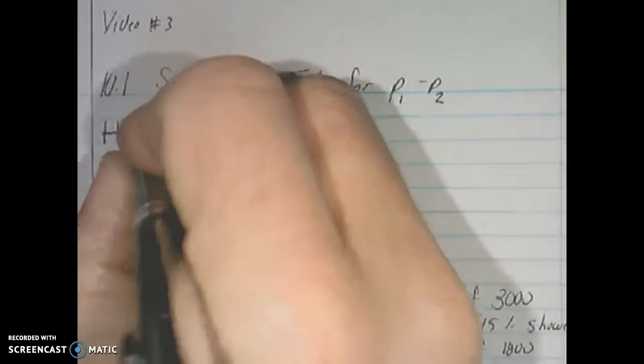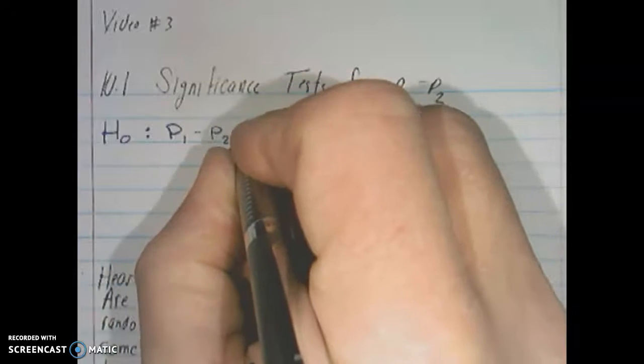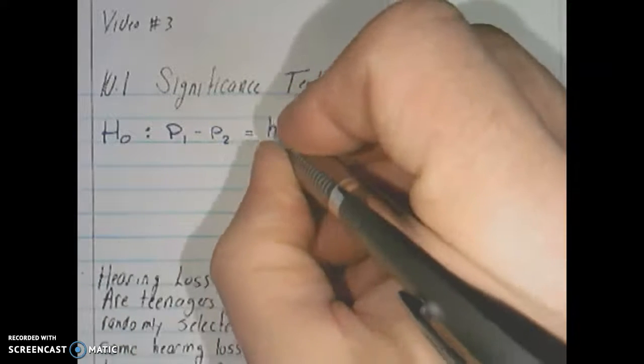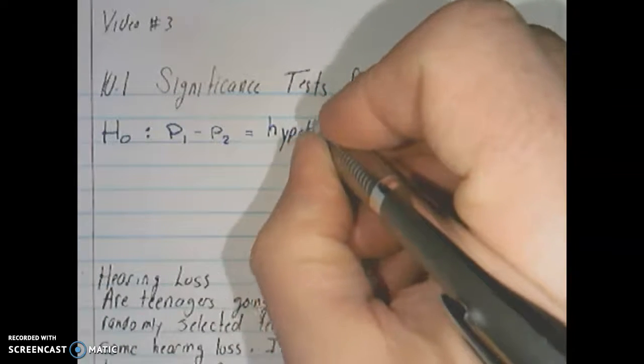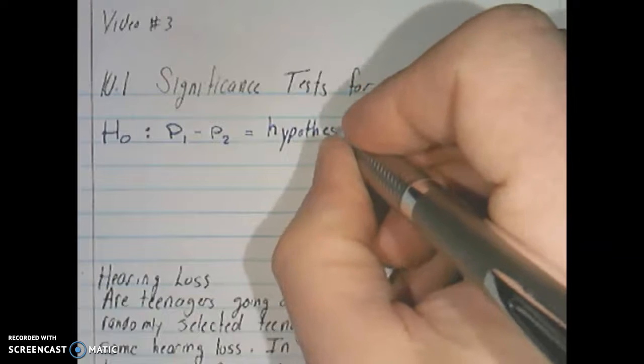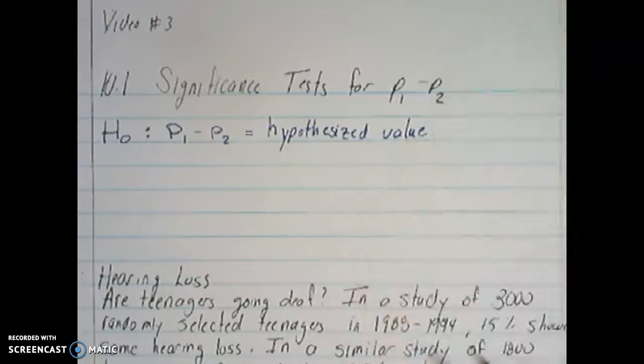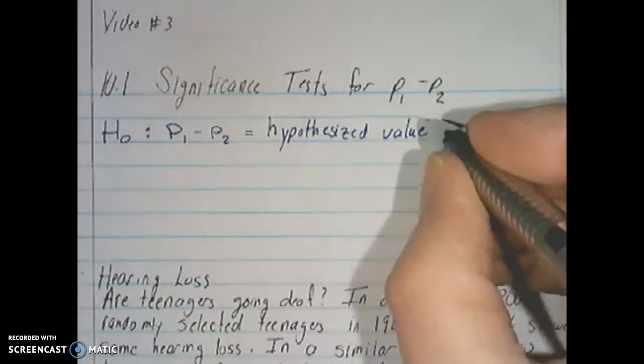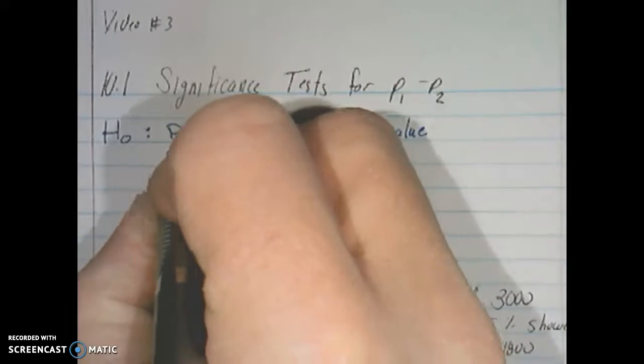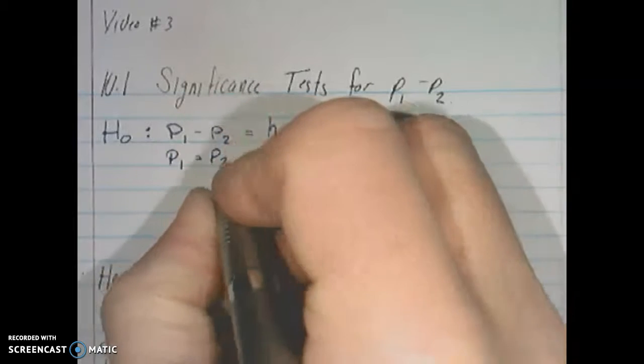So what we're looking at is we're going to say H naught, and that's going to be defined as P1 minus P2 is equal to our hypothesized value. We can also, you might see our H naught as P1 equals P2.